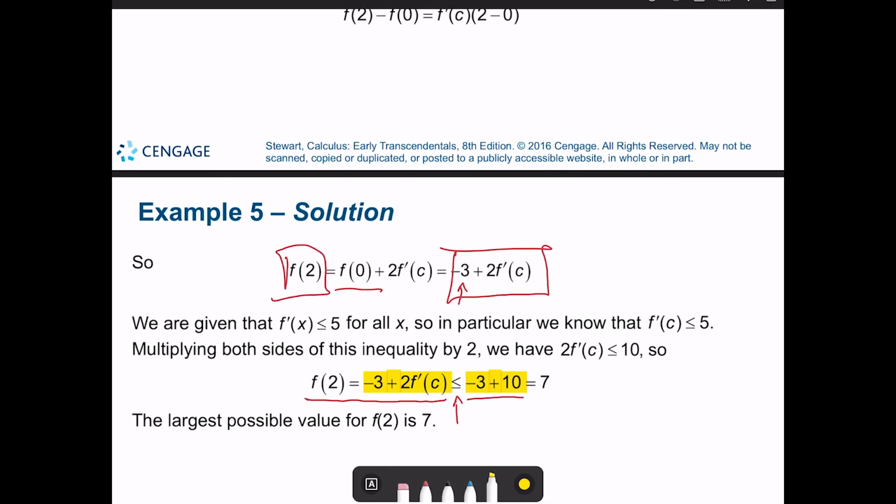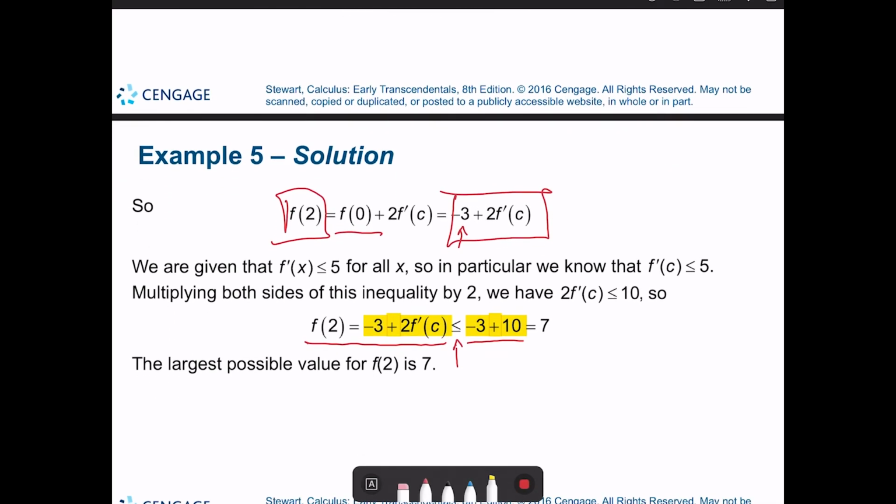We have to go back to the previous, oh no, they wrote it for us here. The first derivative at c needs to be less than or equal to 5, and if we multiply both sides of that little inequality by 2, we get this statement.